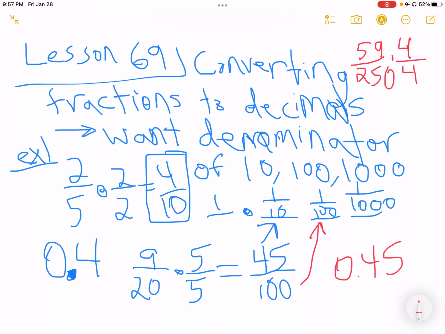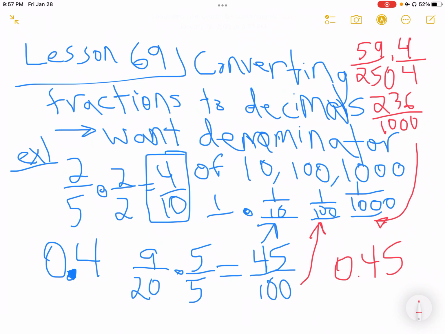Doing our due diligence and multiplying 4 by 59, we get 236 over 1,000. That corresponds to the last place value that we drew, so we'd have 0.236 for our decimal number. That's our typical way of making our numbers into decimals.